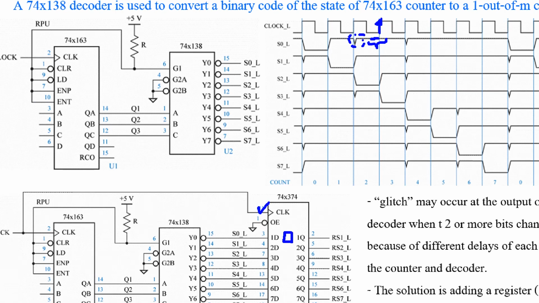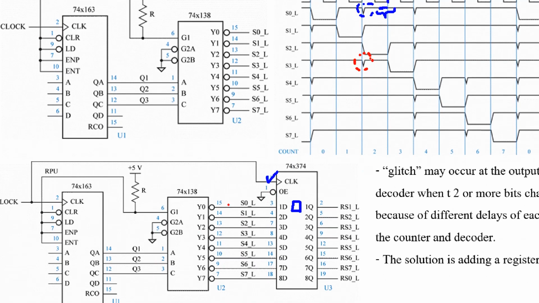The glitch is already gone before the next clock tick, because a glitch occurs for a very short period. So you can solve this problem by adding D flip-flops or a register.